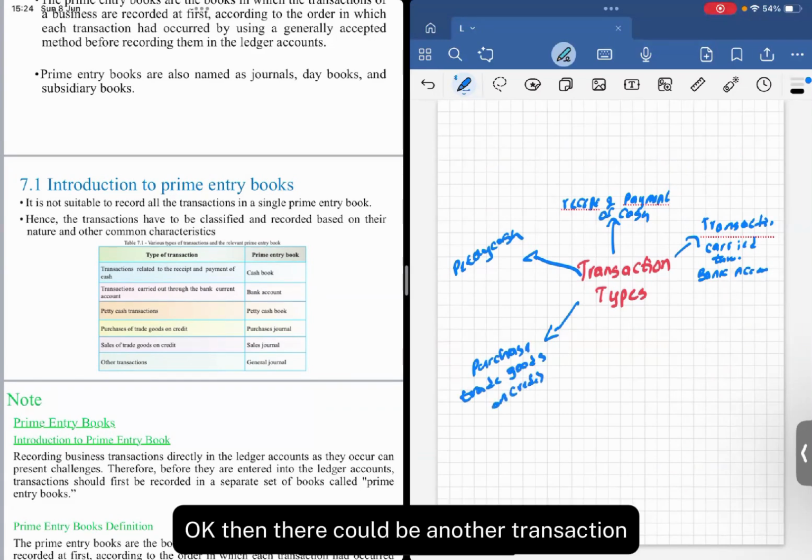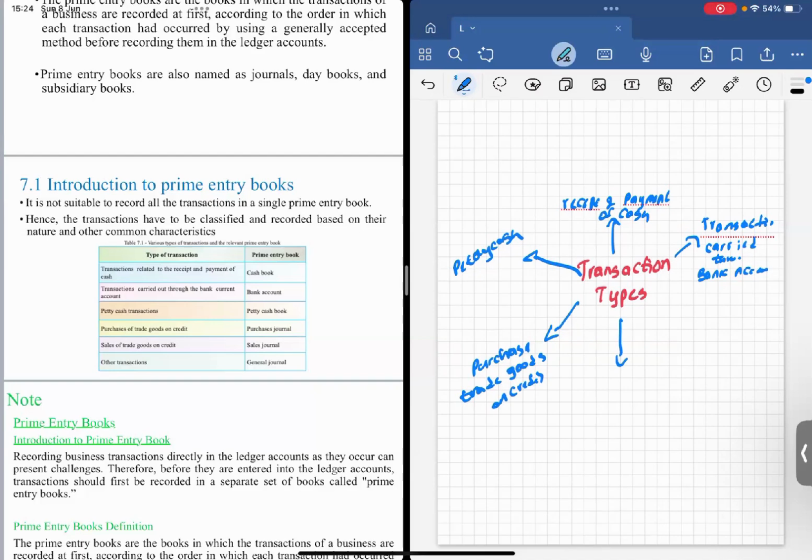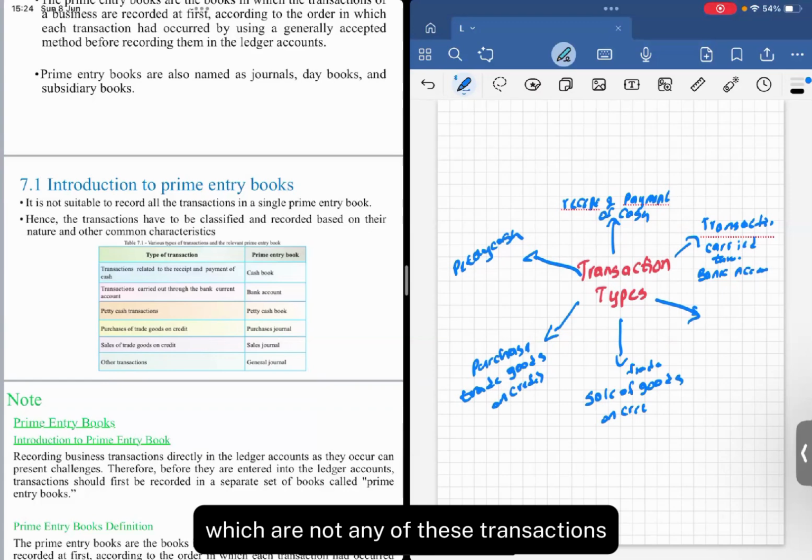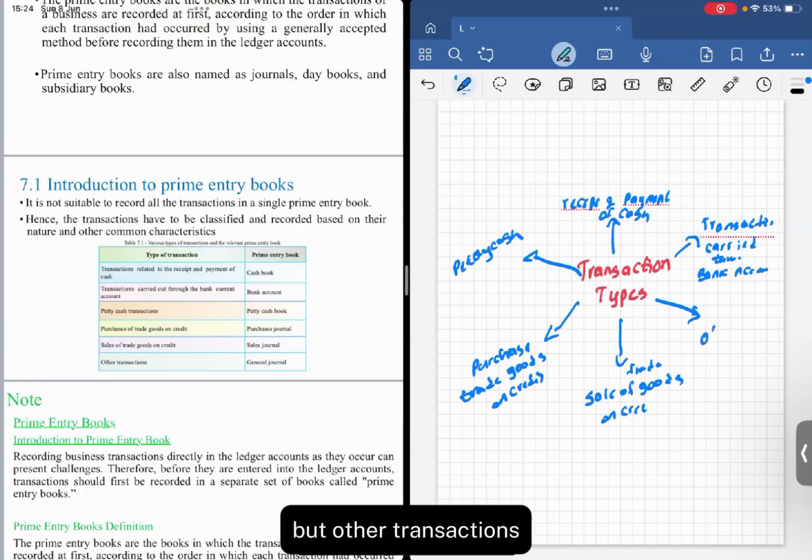Okay, then there could be another transaction, sale of trade goods. Okay, sale of trade goods on credit. Okay, then there could be another transactions which are not any of these transactions but other transactions.